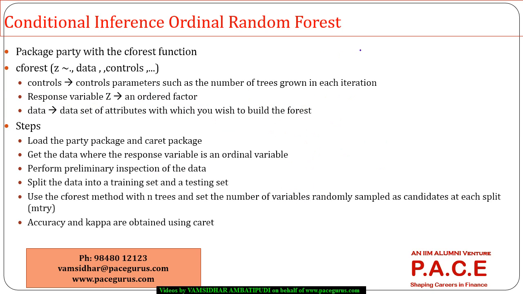So here I am going to look at only one single mechanism, one single model, one single algorithm, because there is not much of a difference from what we used for nominal data, which is a categorical variable with multiple categories. You don't find too much of a difference, and even the package that we are talking of here is the party package.